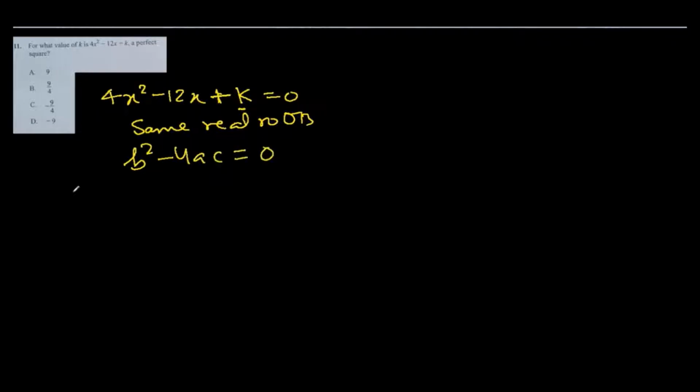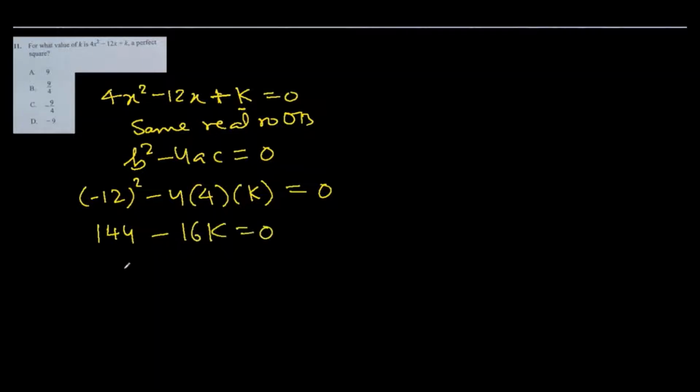And that's what we'll do here. So b is minus 12 in this case, minus 4 times a times c equal to 0. This will be 144, this will be minus 16k equal to 0. So 144 equal to 16k. So k will be 144 over 16, which is 9. So A is the answer.